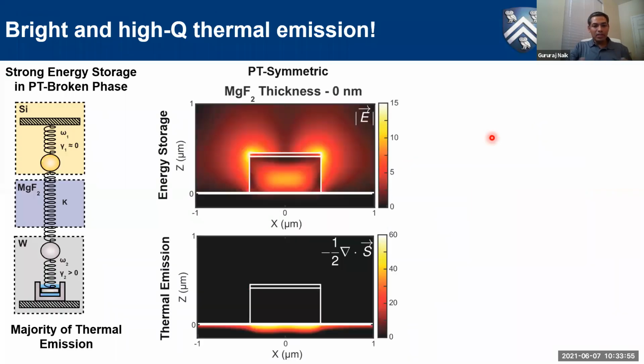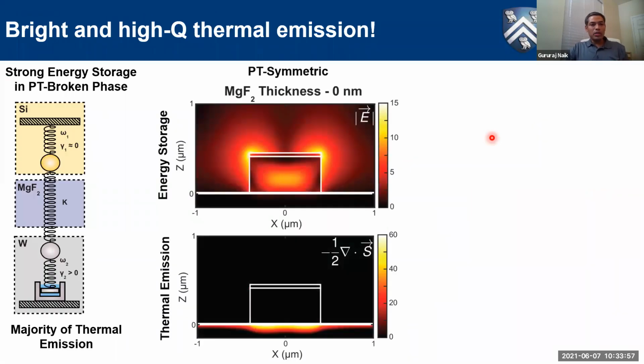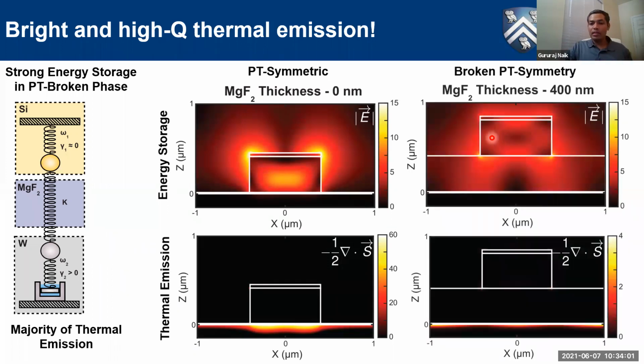More importantly, we said this system would break the trade-off between emissivity and spectral selectivity, and that happens exactly because of what we see here. In the weak coupling regime, here is the gradient of the Poynting vector, which shows that all the thermal photons originate from tungsten. But these photons are effectively stored in silicon.